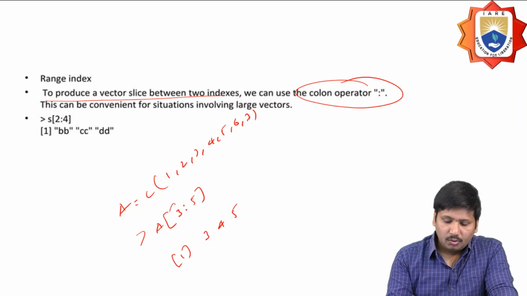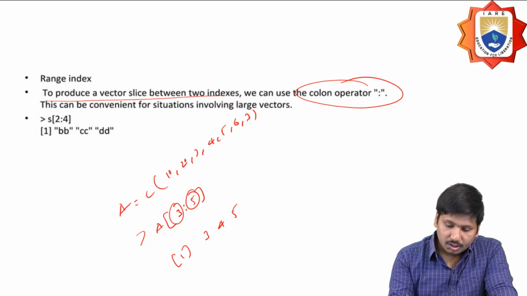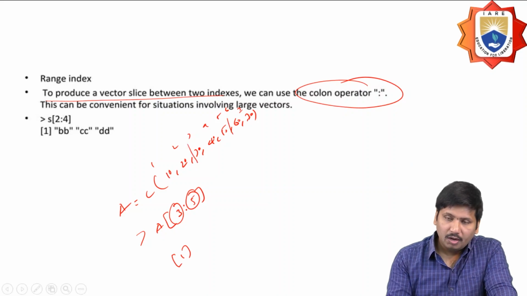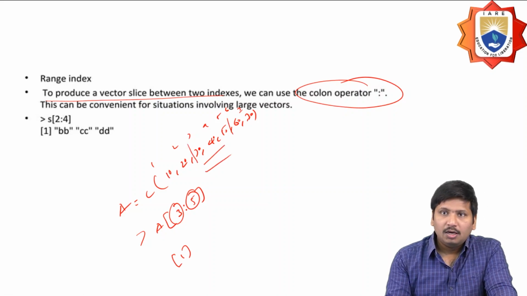So what should be the starting index value and what is the ending index value? Let us assume this is 10, 20, 30, 40, 50, 60 and 70. So what is the starting index? 1, 2, 3, 4, 5, 6 and then 7. Starting from 30 to 50, I want some slice of this vector.